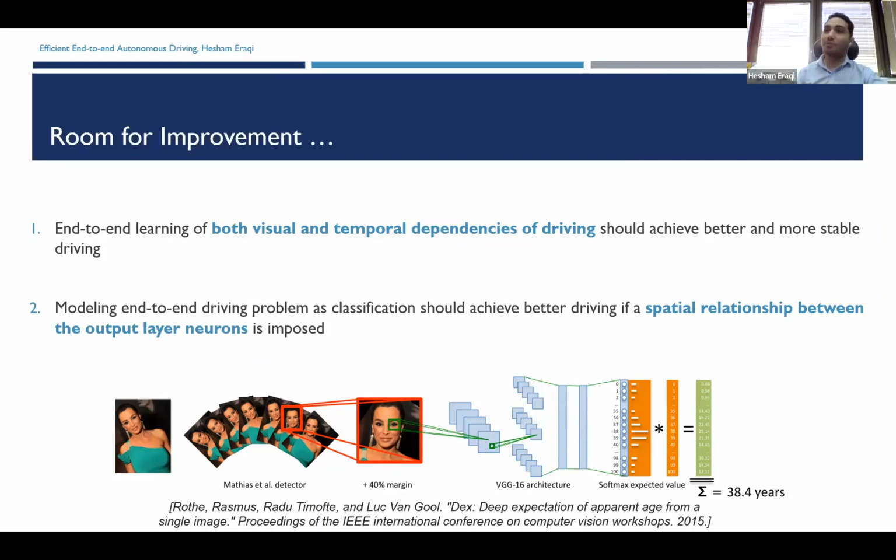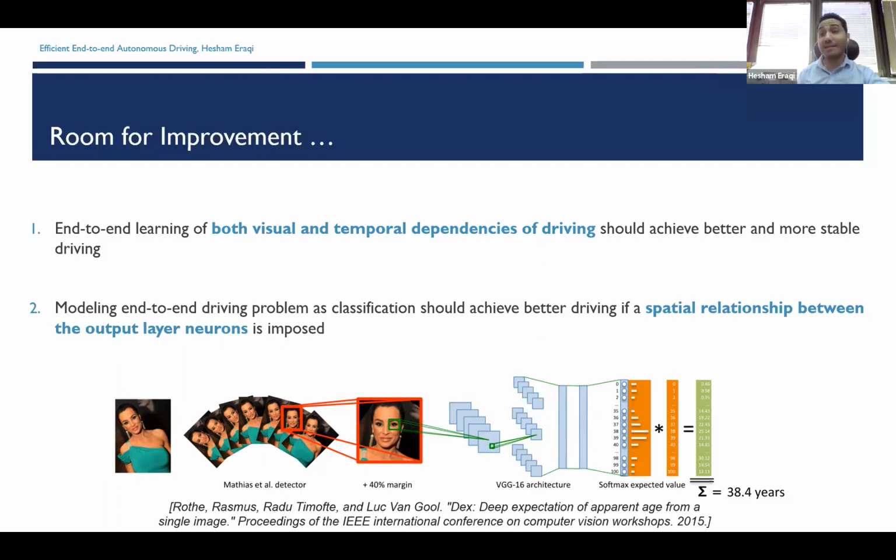We can learn temporal dependencies because it's very important for learning a good driving policy, because we as humans do not take driving decisions based on what we see right now, but based on maybe the last 5 to 6 seconds, and we can expect computers need to learn this information.